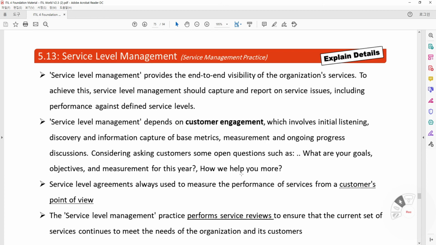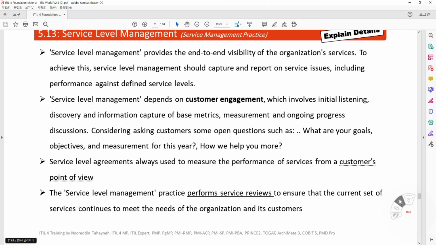How can we help you more? The service level agreement is always used to measure the performance of a service from a customer's point of view. Service level management practices perform service reviews to ensure that the current set of services continues to meet the needs of the organization and each customer.